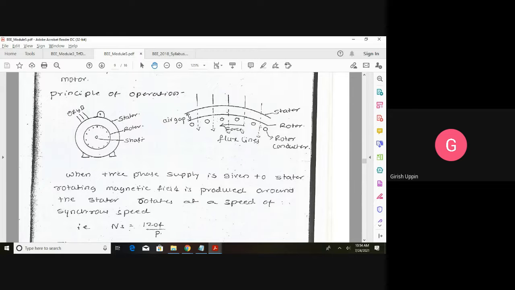When we give the three-phase supply to the three-phase winding on the stator, a rotating magnetic field is created, and the static rotor conductors experience the change in flux. When they experience the change in flux, EMF is induced inside their winding. There are two ways of connection.